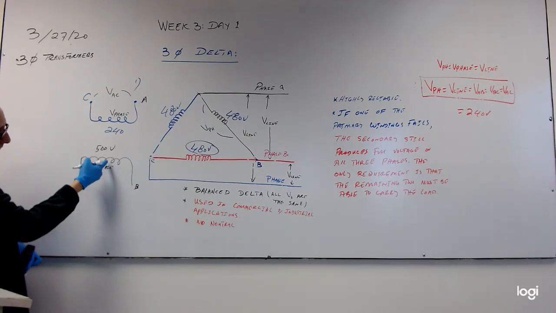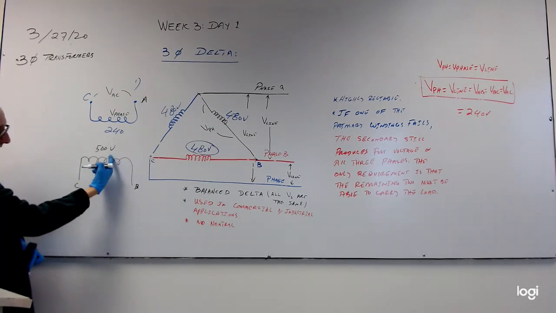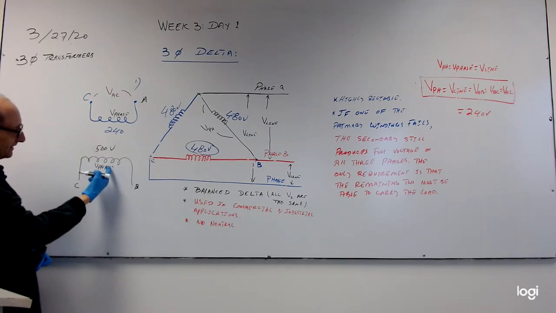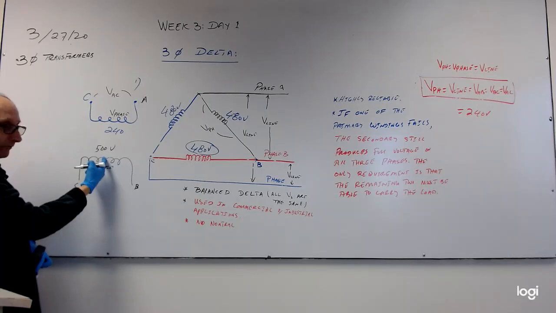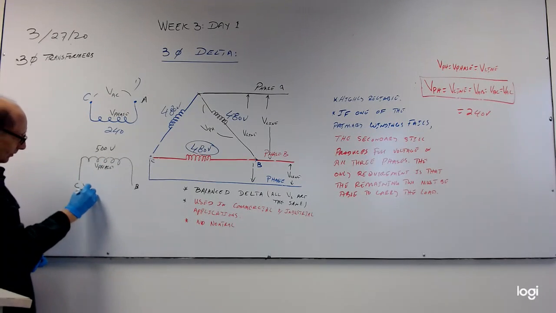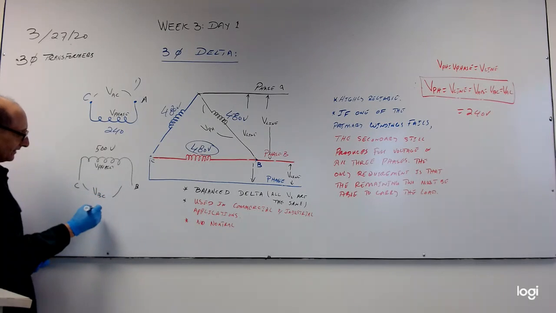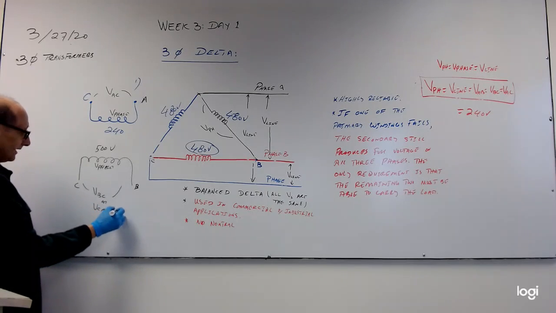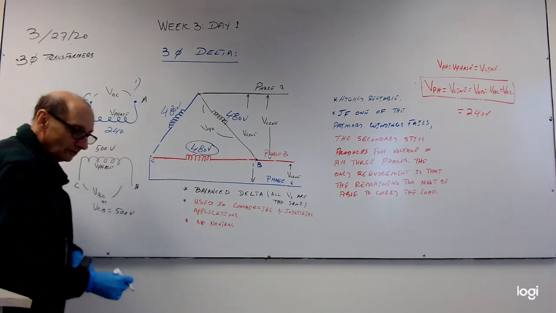Phase voltage is across this winding. Phase voltage is the same as winding voltage. Well, in this case, this is VBC or VCB, doesn't matter how you use it, that is also equal to 500 volts.